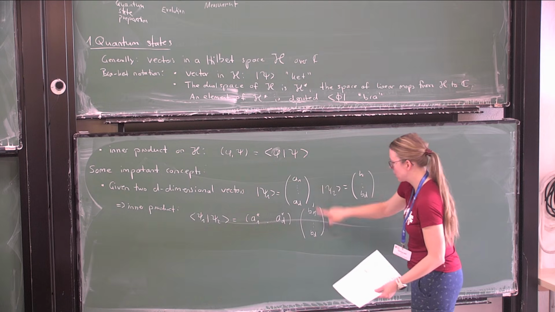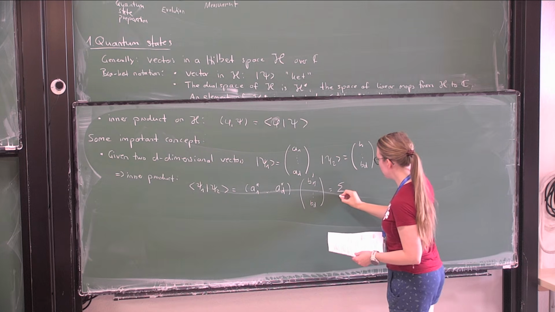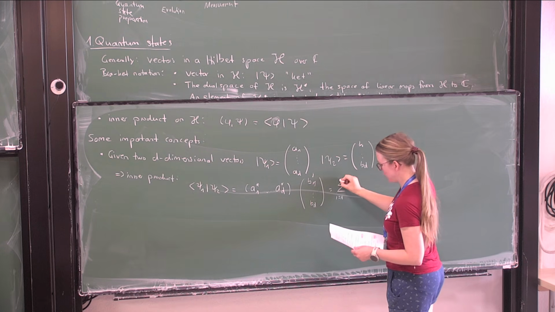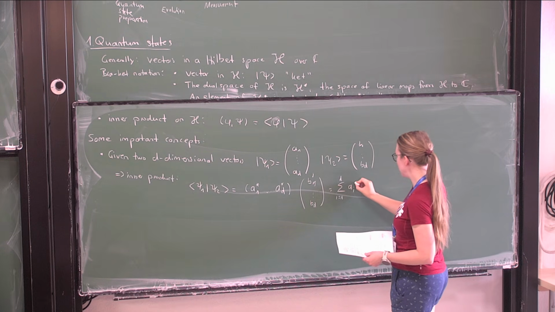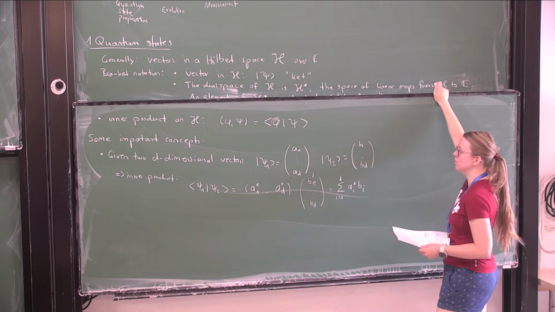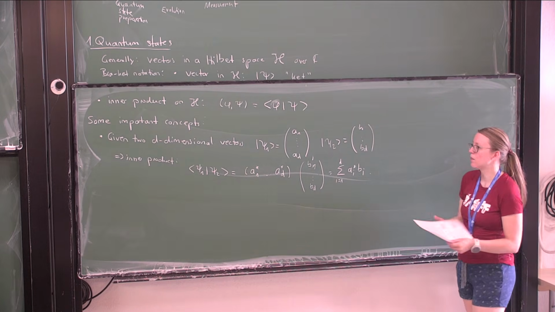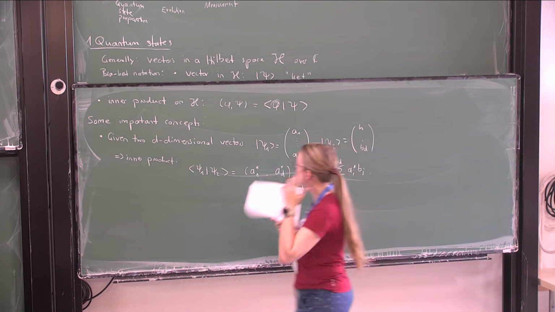That means if you calculate this, you get the sum from 1 to d of a_i complex conjugate times b_i. This is how you generally calculate the inner product if you have two vectors.